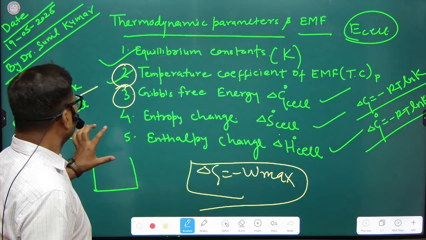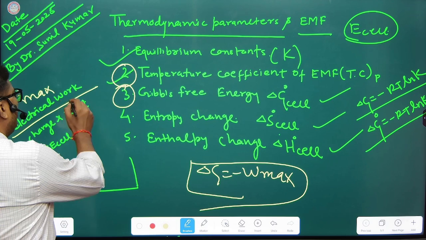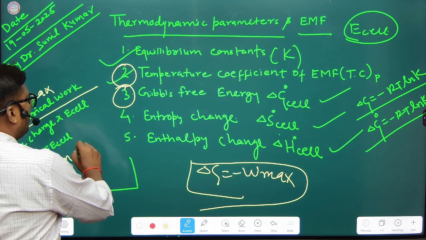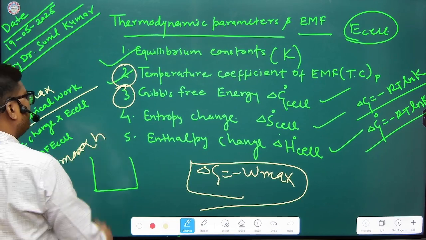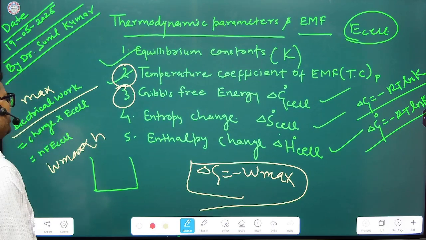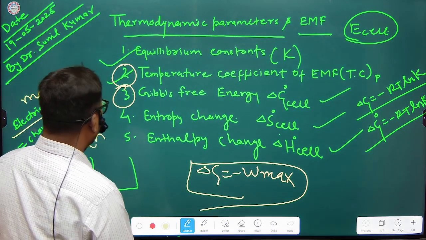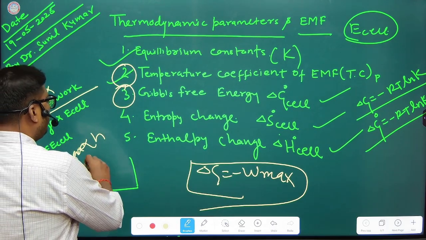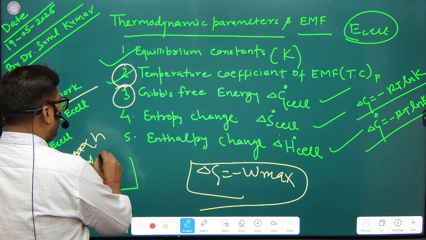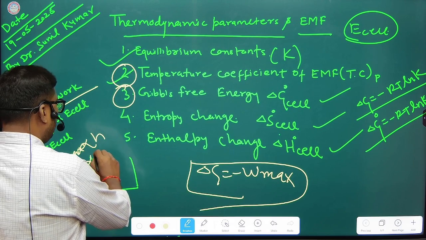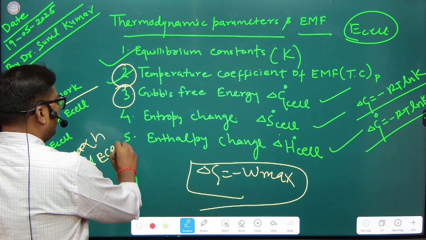So this is W max, and W max is proportional to n, the number of electrons transferred in a redox reaction or electrochemical reaction. And this W max is also proportional to E cell.